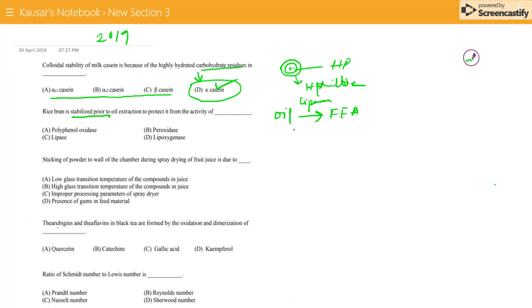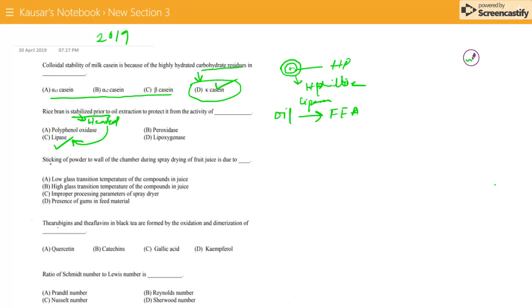So prior to oil extraction, the rice bran is stabilized, meaning it is heated, and this heat deactivates the enzyme. So the correct answer is lipase.